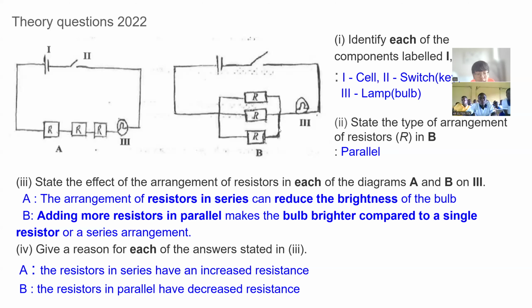But in B, adding more resistors in parallel makes the bulb brighter compared to a single resistor or a series arrangement. The reason for each is that resistors in series have an increased resistance, and resistors in parallel have decreased resistance. If this makes sense, I think we can move on.